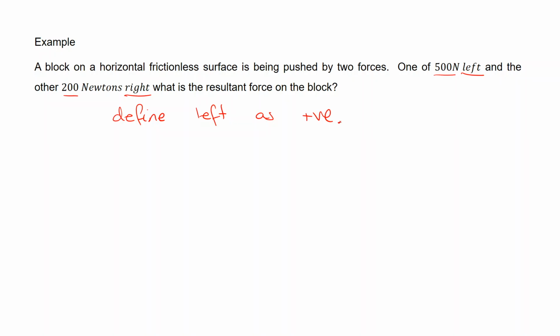So we are talking about force here, which is measured in newtons. So force uses the letter F. So the force is, so the left component is 500, and right, which is going to be negative, is 200. So 500 take away 200 is 300 newtons, and the answer has to be left because that's what we defined as positive.